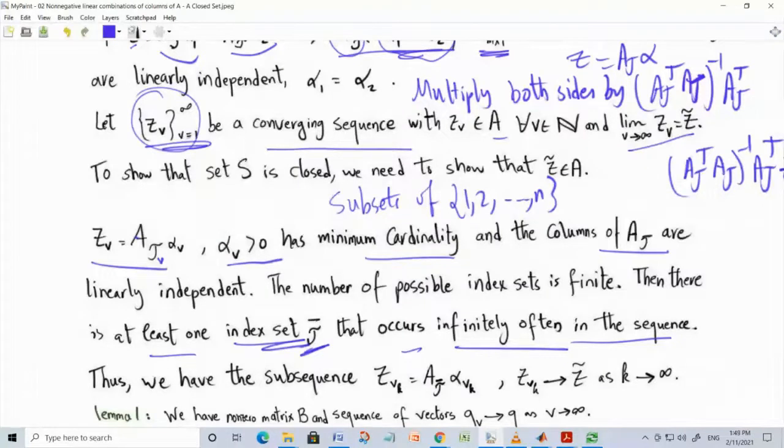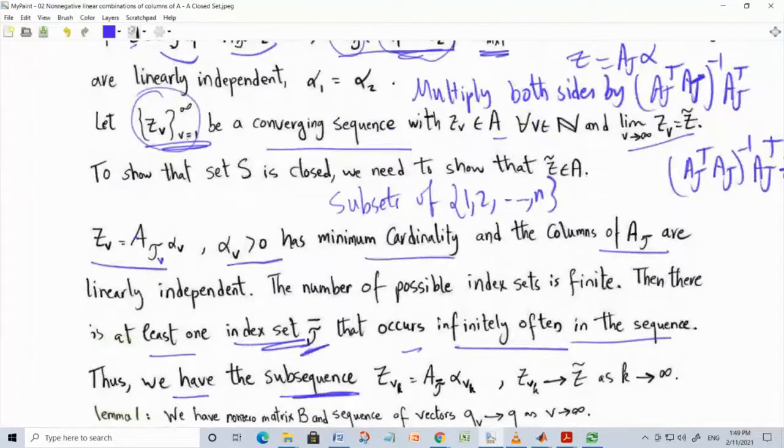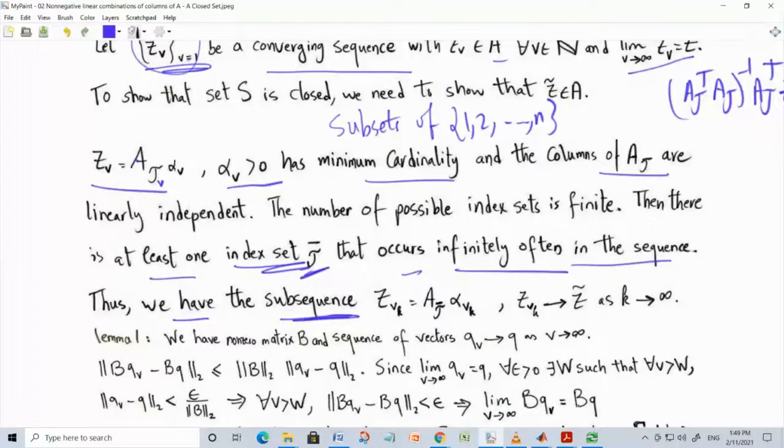So there must be some J bar that never disappears. You can always find some Z expressed in terms of those specific columns from matrix A. So we have a subsequence chosen from this original sequence such that Z of Vk is equal to A of J bar alpha of Vk.